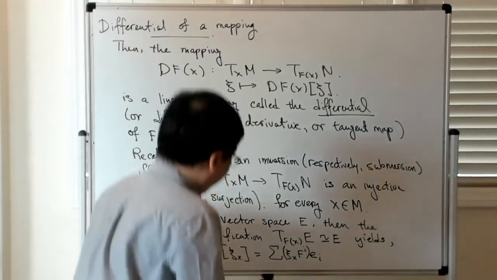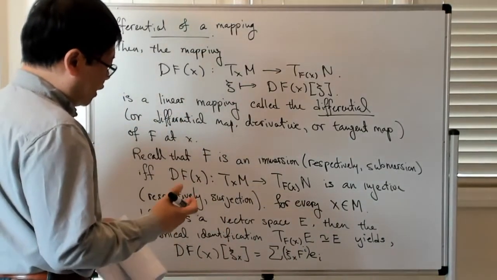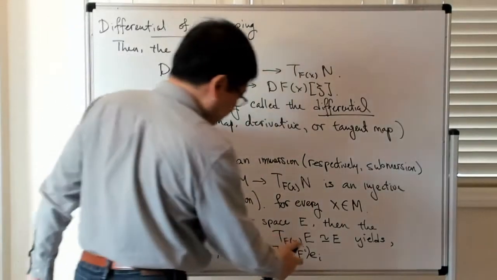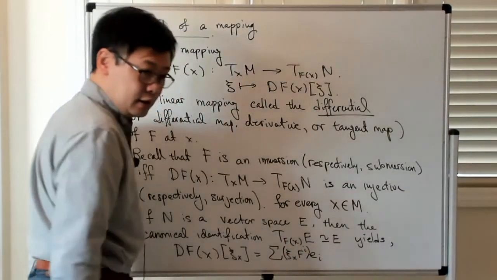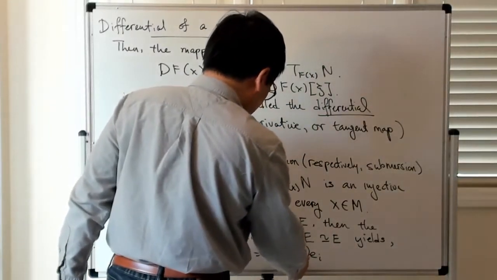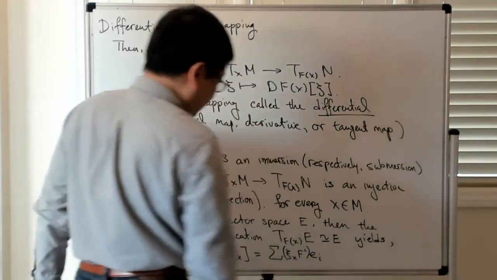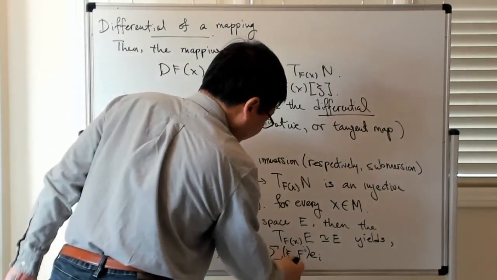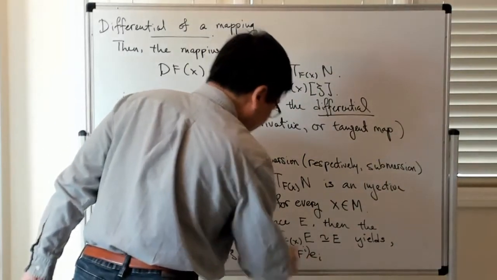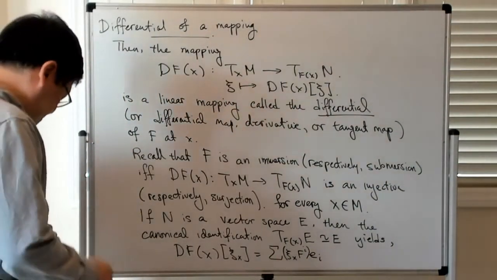So if f is a map from some manifold to a vector space, we can talk about the components of that map, f superscript i, and that would be a scalar function. Then we have the vector field acting on that, which gives you a scalar, and then you can multiply it by the basis element.